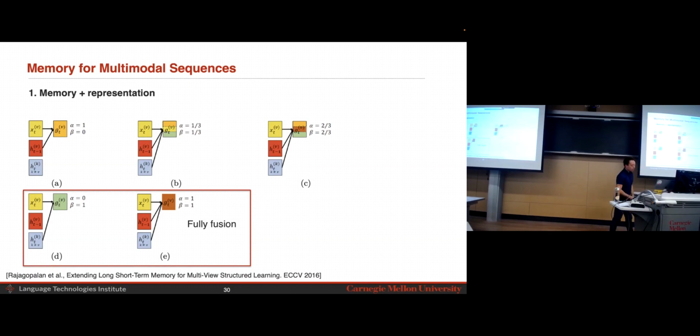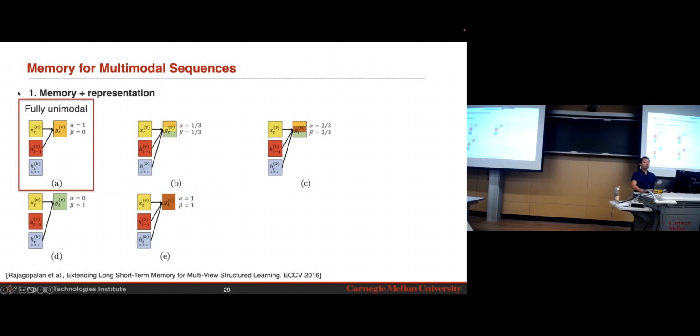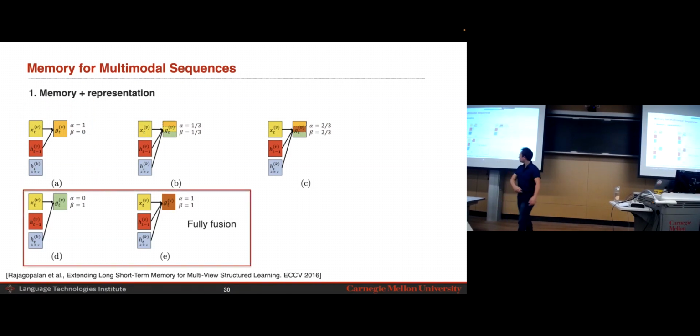In the fully unimodal case, your current input is yellow and the same modality's memory is red. For the fully fused case, your current input is yellow, but the other modality's memory is blue, and you get something green. And when alpha and beta are both 1, you're taking in the current input, the memory from the same modality, and the memory from the other modality, and you get something like brown.